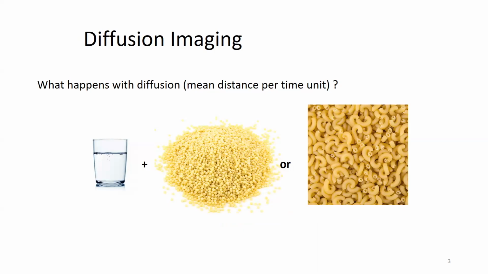But what happens when I have this glass of water, but I put in a few spoons of couscous or macaroni? What happens then with the distance that the molecules can move in a certain time? You have any idea? Will they easily make a longer distance or rather a shorter distance? Shorter?